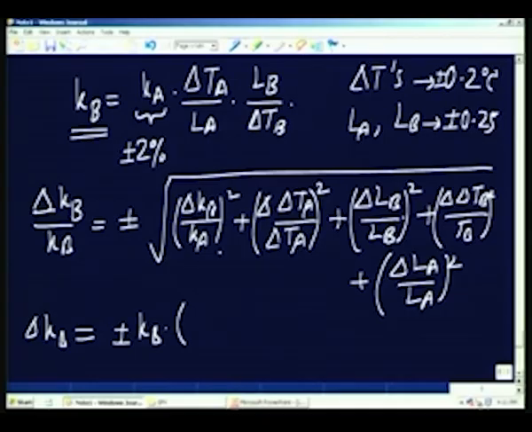If you substitute all the values, delta Kb comes to 1.24 watts per meter degree Celsius.